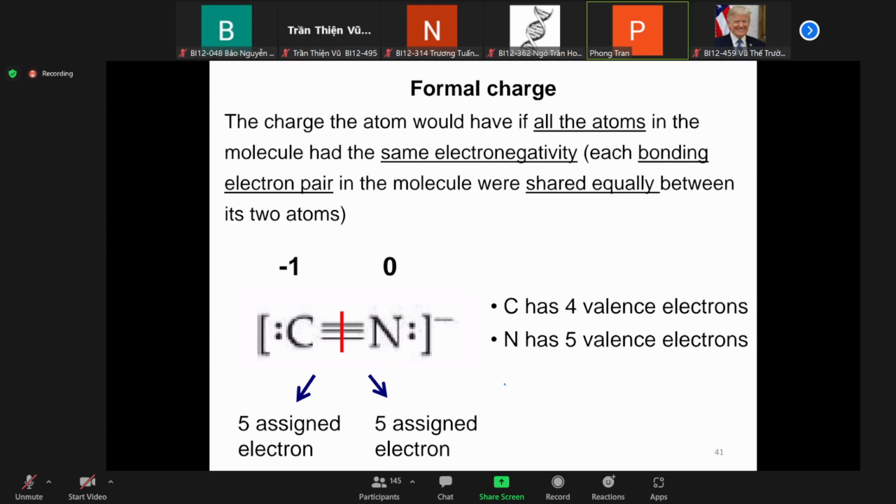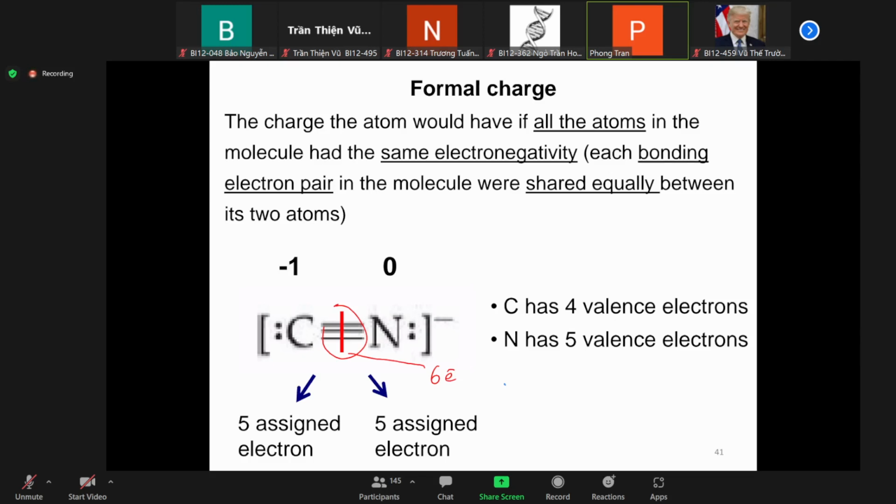So the molecule, C triple bond nitrogen. Here in total, you have 6 electrons. Normally, the 6 electrons would be more localized, with higher electron density on the nitrogen and lower electron density on the carbon, because nitrogen has a higher electronegativity.